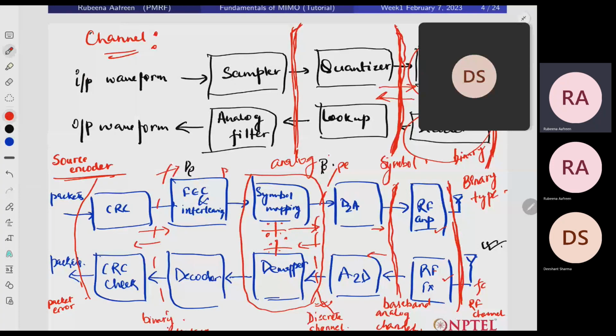And then, if we need to model the carrier frequency, we need the channel where there will be RF components. So this will be the RF channel. If we don't need it, then we have a baseband analog channel.